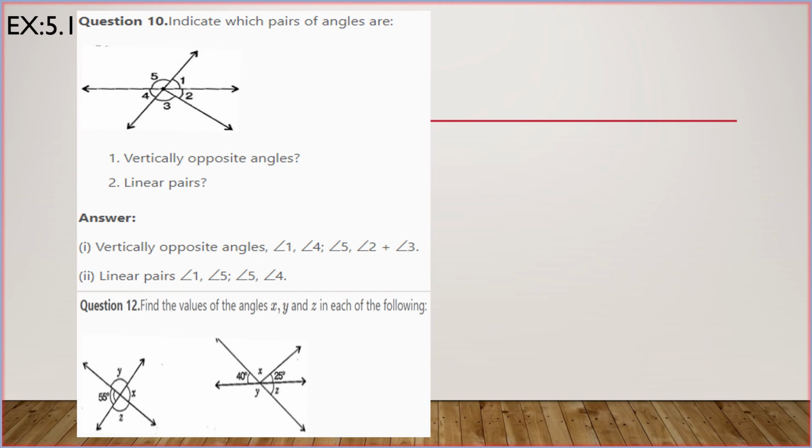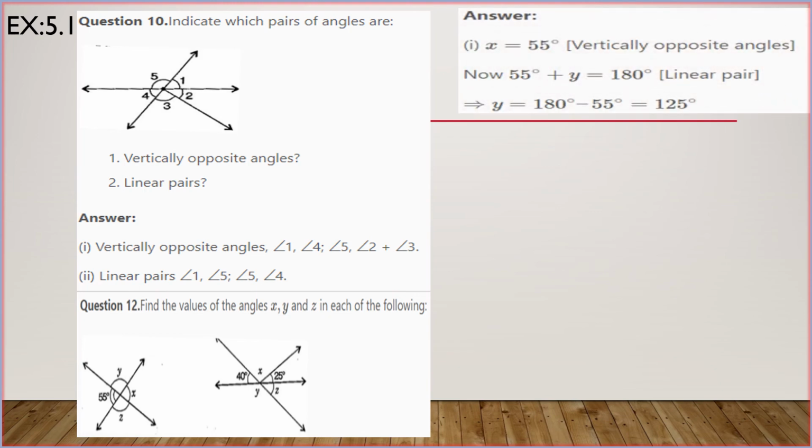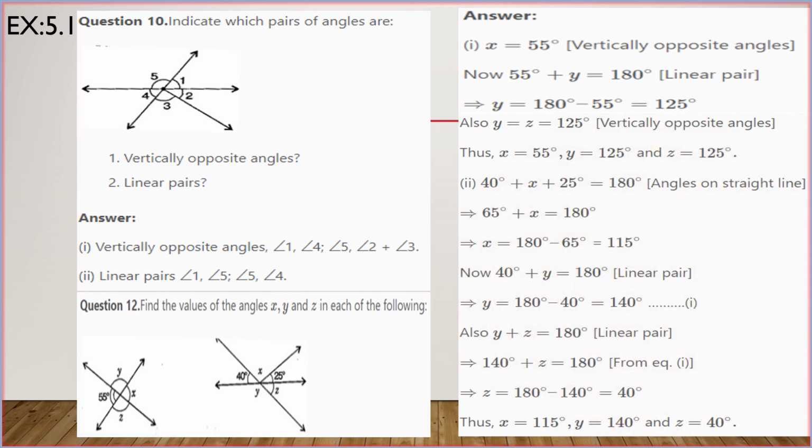Therefore, easily we can find out the remaining three angles. x is same as 55 degree, the vertically opposite angles. Now we can see that 55 degree and angle y are linear pairs. Therefore, angle y is equal to 180 minus 55, which is equal to 125 degree. Also, y is equal to z because they are vertically opposite. Therefore, z is also equal to 125.